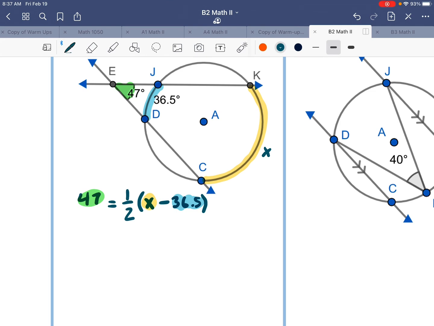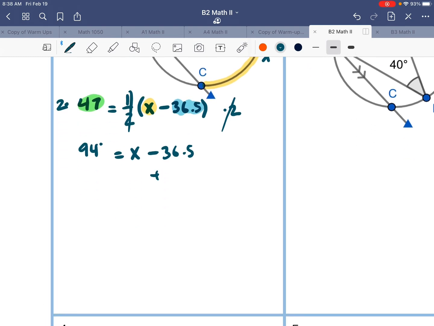So what I'm going to do first is multiply by 2 on both sides, because we have a divided by 2 or multiplied by 1/2. Those are the same things. That gets rid of that, and we get 94 degrees on that side equals X minus 36.5. And then this is just algebra, add 36.5 on both sides.